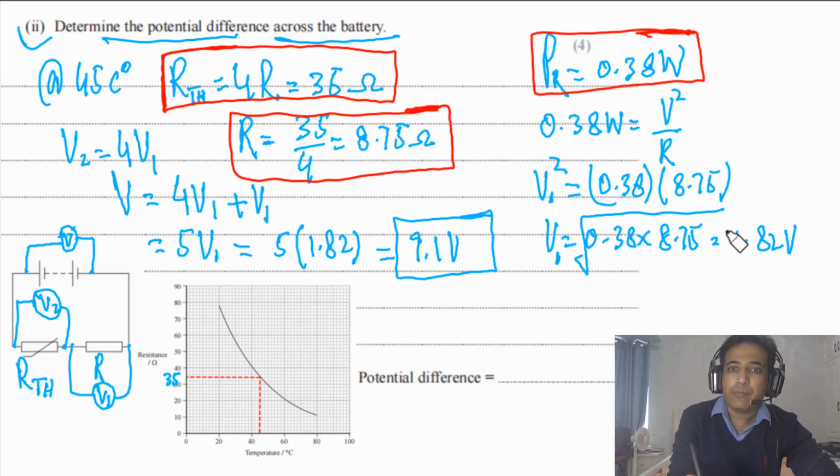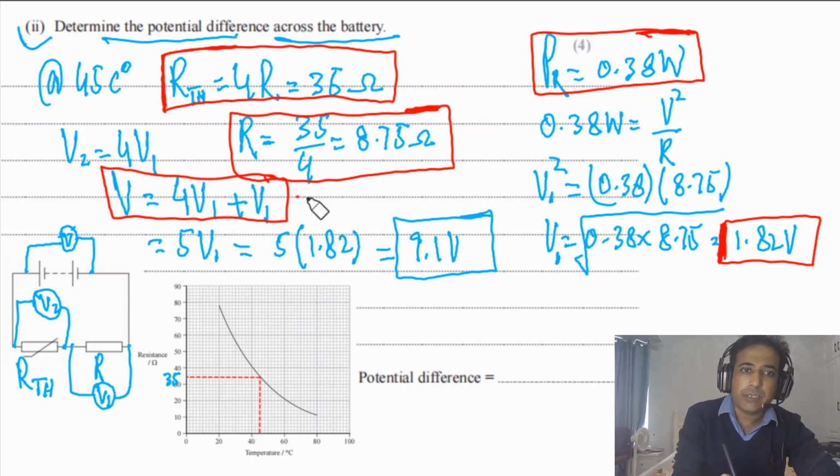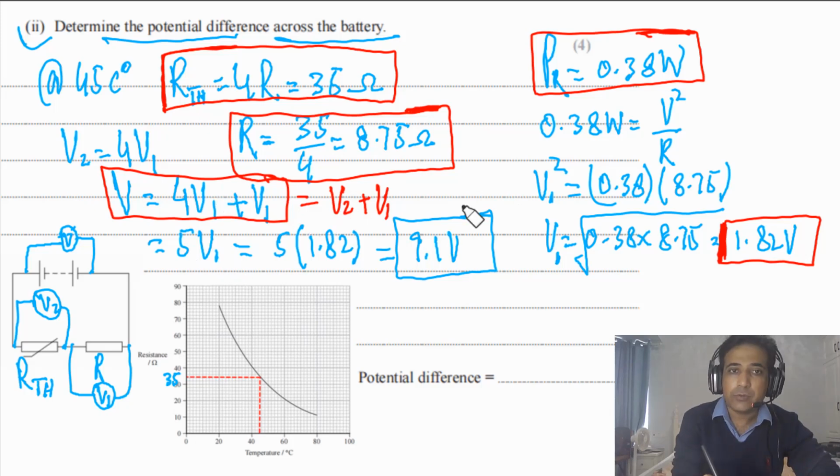And if we have the value of V1, we can understand the relationship between V1, V2 and V. In this case, V is equal to V2 plus V1, but V2 is equal to 4 times V1. So we have written this is 5 times V1. So this is our final answer.